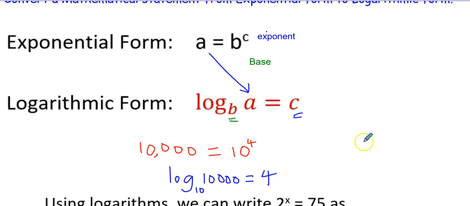Same 10,000. Suppose I want to write it with base 100. You know that 10,000 has 4 zeros, so it is 100 times 100, so 100 squared.